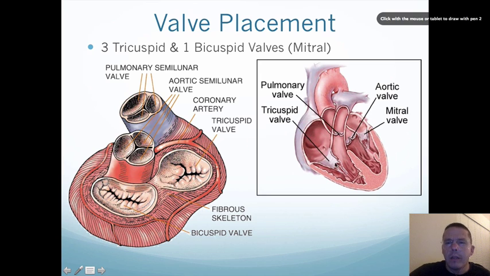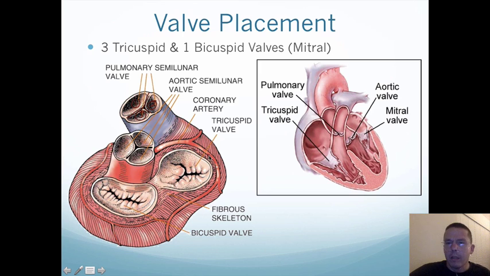So, as we continue on, we have the right atrium, the tricuspid valve, the right ventricle. And as the right ventricle contracts, the blood is ejected through the pulmonary valve, which, as you can see up here, is another tricuspid valve. 1, 2, and 3. So 3 cusps there.